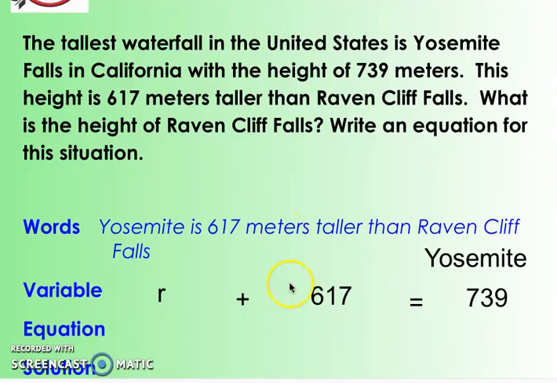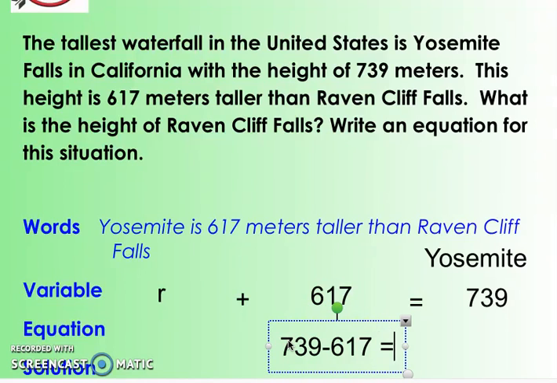Excellent. I know some of you are saying, well, let's take 739 and subtract 617. And I notice that when I do that, I get 122. And you're absolutely correct.